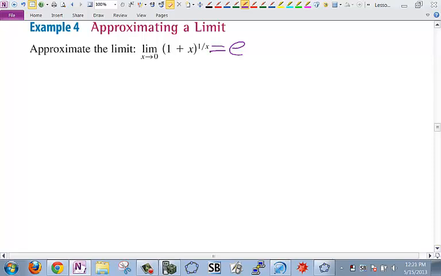Those are points where you can actually take roots of negatives and get real answers. It's an odd root.